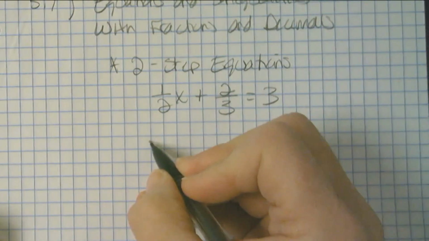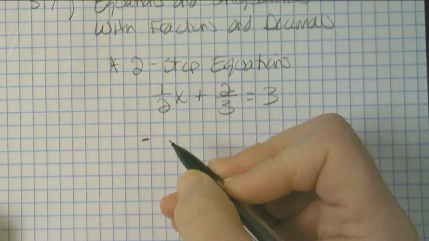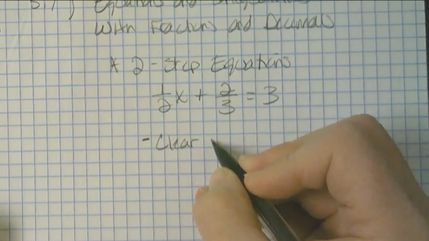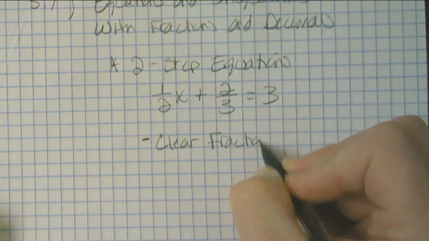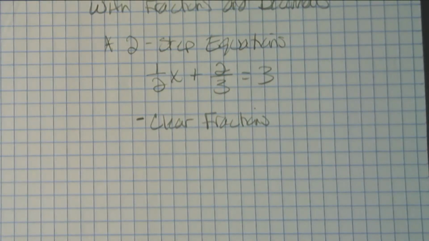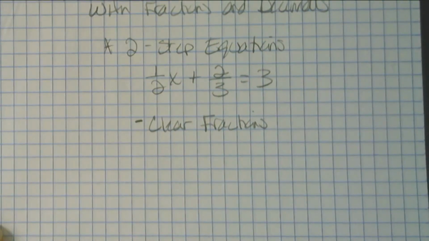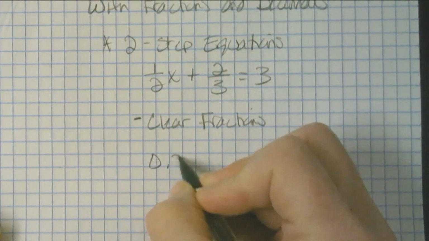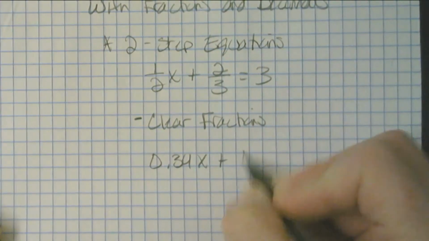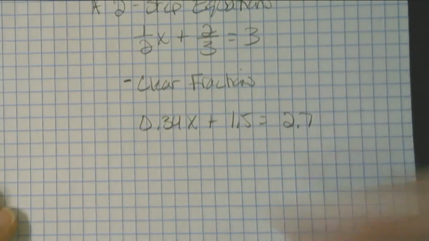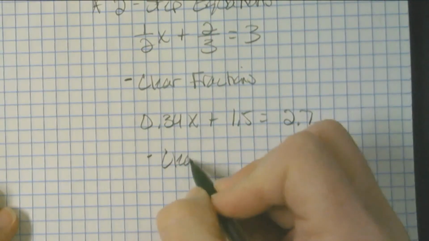Make sure you understand how to clear fractions, because I may give you a problem that says using clearing fractions, solve this. Another example might be 0.34x plus 1.5 is equal to 2.7, and here you're going to clear decimals.